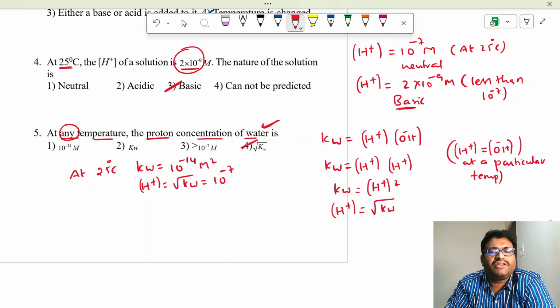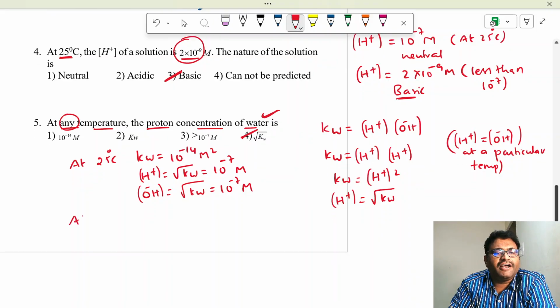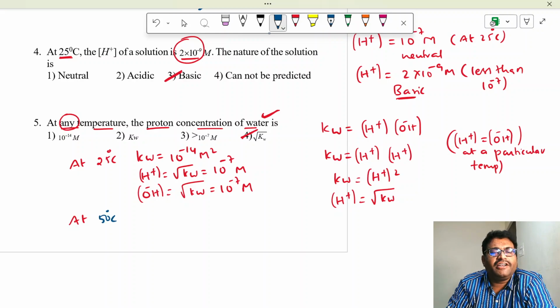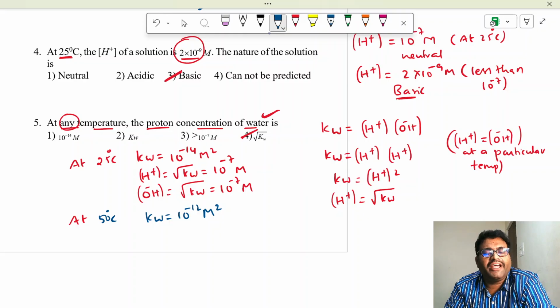This is molar square, this is molar. In the same way, I can also write OH minus ion concentration is also equal to root Kw, that is equal to 10 power minus 7 molar. For example, let me take at 50 degrees centigrade, Kw as 10 power minus 12 molar square. Why? Because on increasing temperature, ionic product of water increases.